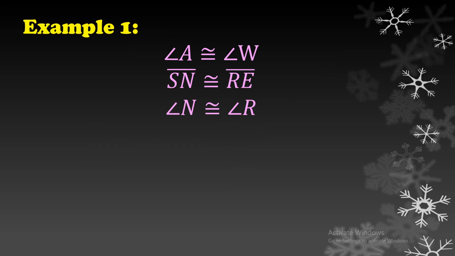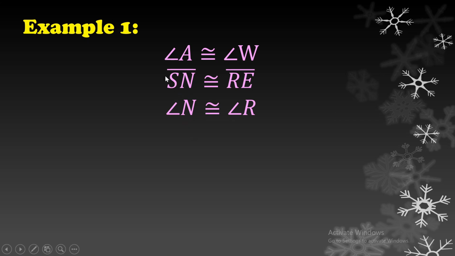Let's have examples. Given these three corresponding parts of two triangles, can we prove that these triangles are congruent based on the AAS congruence theorem? Okay, let us see. So we have here angle A and angle N. So the included side should be side AN.